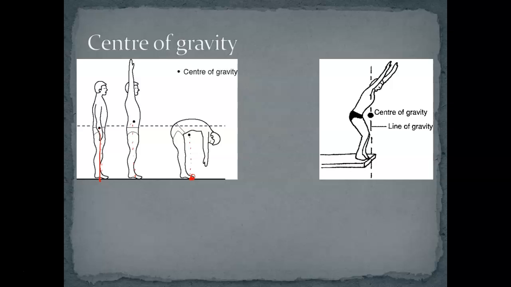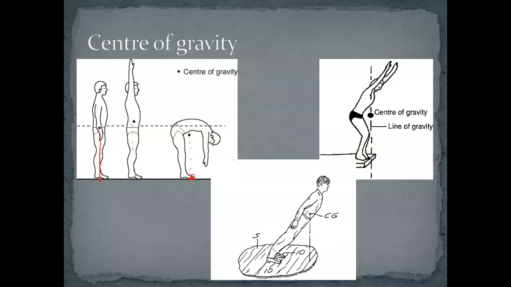This person is now just at the beginning of starting to fall over because we're now beyond the base. This person is definitely falling over, definitely going beyond the base. Here's the center of gravity coming down well beyond the base.